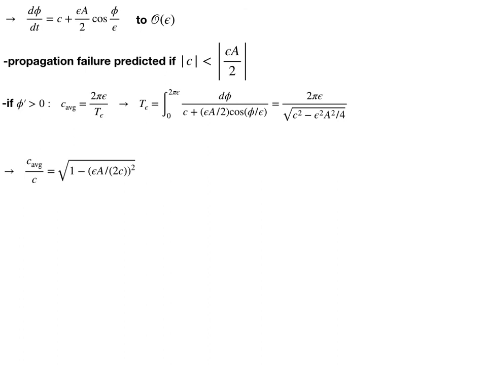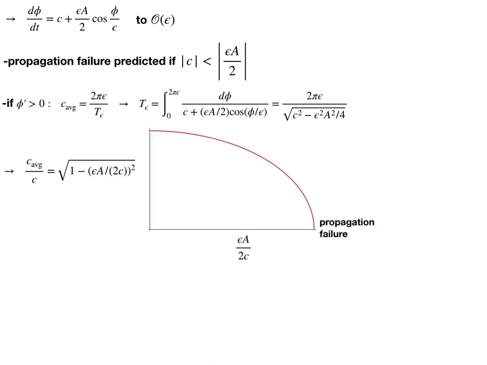So even though the wave speeds up and slows down, the net effect of the heterogeneity is to slow down the wave over time. As we increase the amplitude of the heterogeneity, as it gets stronger and stronger, or the microstructure gets wider and wider, this is eventually going to reduce the average speed of the wave and will eventually cause the wave to fail.